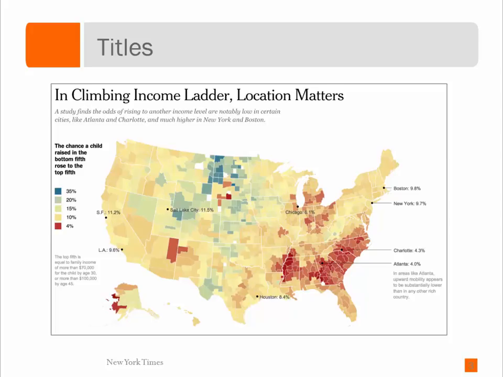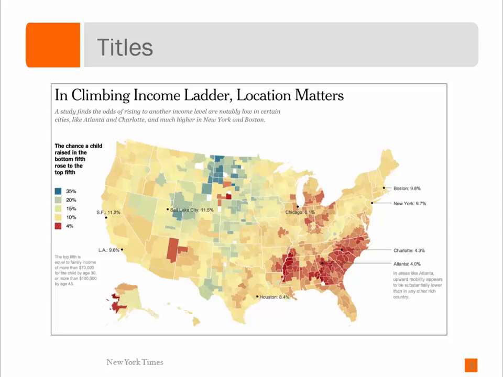And then if we look down, there are annotations for each of those. They have a plotted point on Charlotte, and out to the right, they've defined it with the label of Charlotte 4.3%.